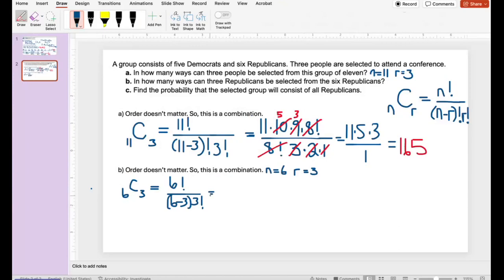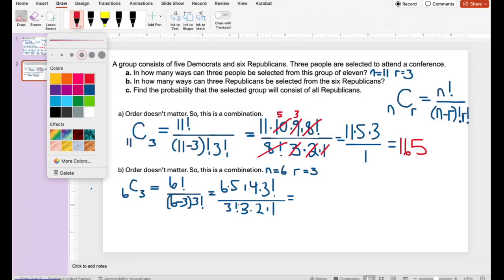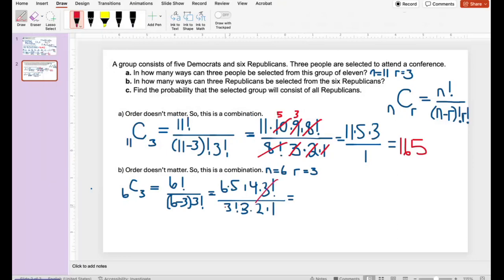So that's going to be 6 times 5 times 4 times 3 factorial over 3 factorial, and then we've got 3 times 2 times 1. Exactly. And so we can just start canceling some things again. 3, 2, and 1 is 6. So that should give us just 20.